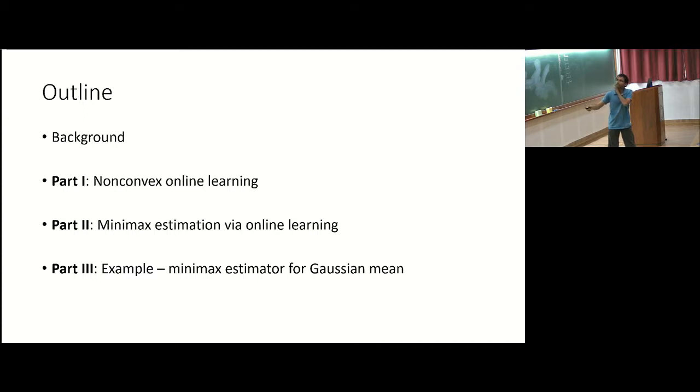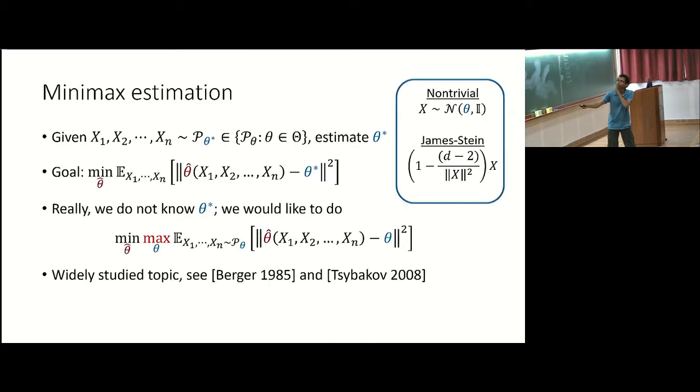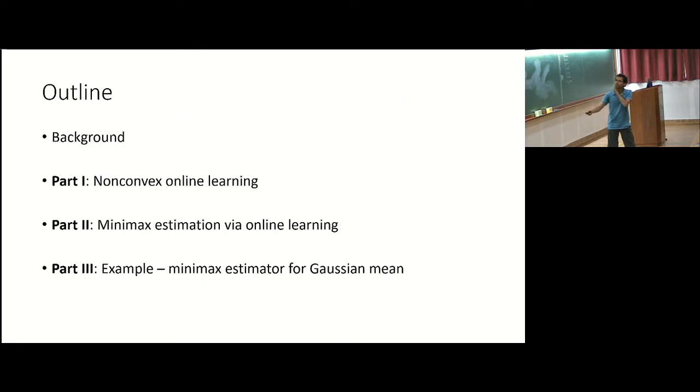Then I'll give more details about, once we know efficient algorithms for doing this, how we use this to do the minimax estimation in order to solve problems of this form. And then in the third part, I'll explicitly instantiate this framework for the simple setting of constructing a minimax estimator for Gaussian mean estimation. So this is the outline. Let me first start with the background.